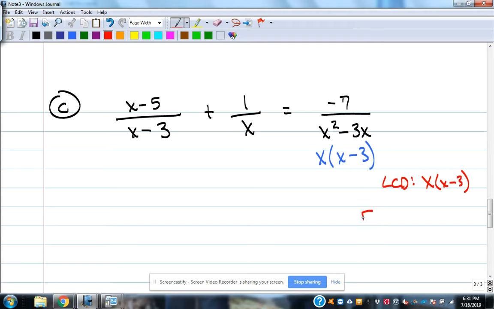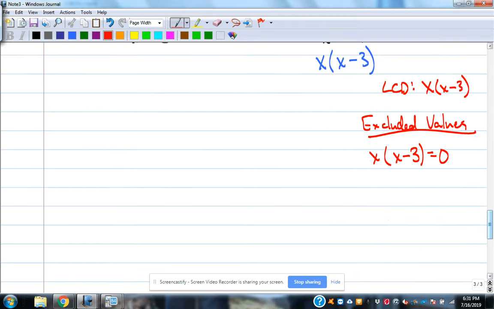So I'm going to find my excluded values by setting the denominator equal to 0. That's already factored. So what do I do with each factor? I set them equal to 0. X equals 0. X minus 3 equals 0. Well, there's one of my excluded values.